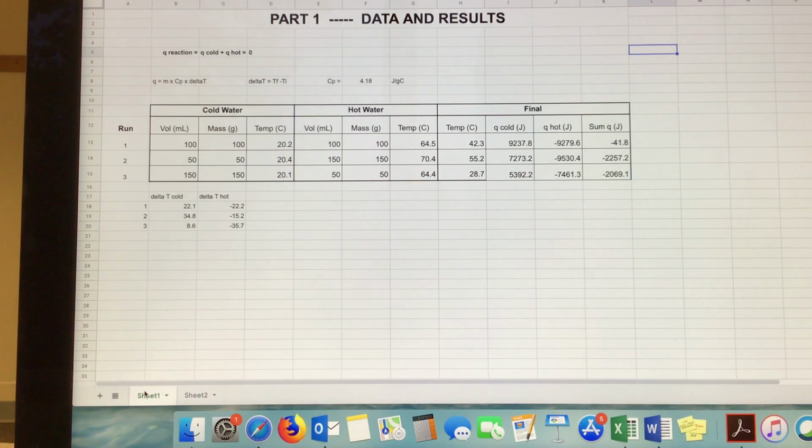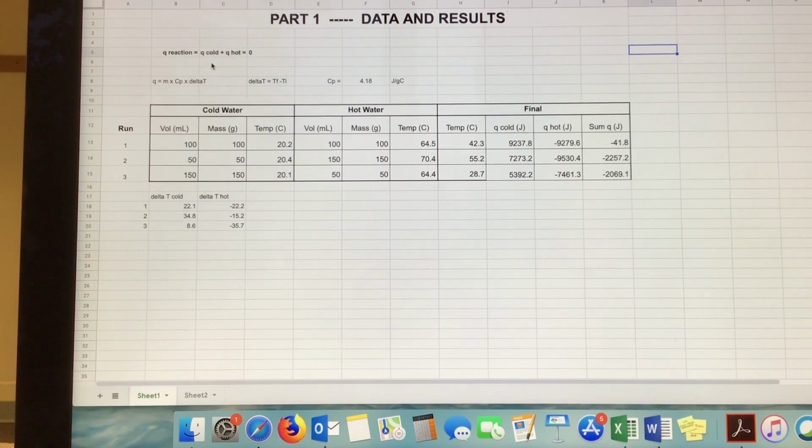So now that we collected all the data, let's analyze them. As I said, the heat of the reaction, Q reaction, is given by the sum of the individual heat of the cold water and hot water.